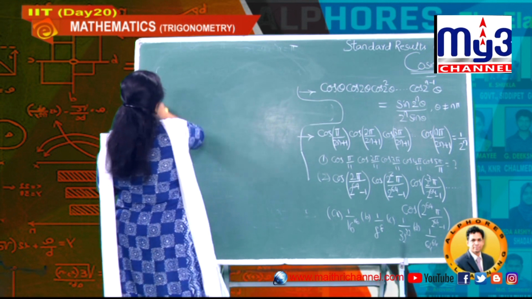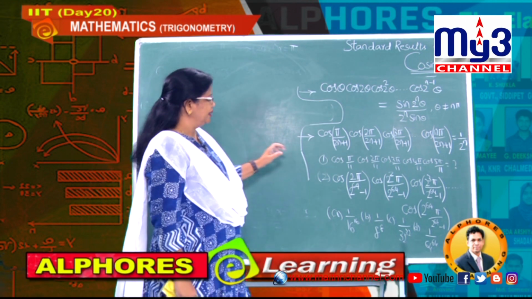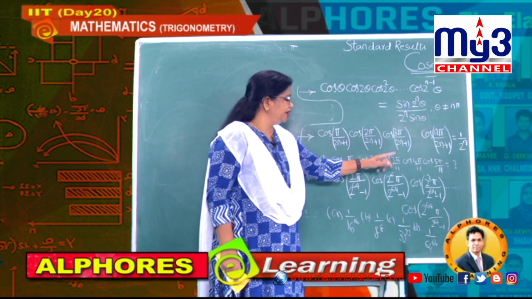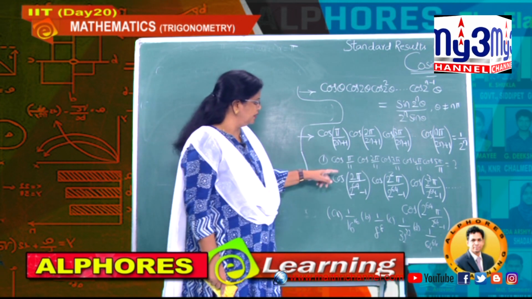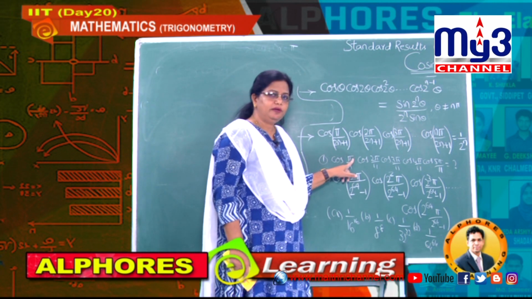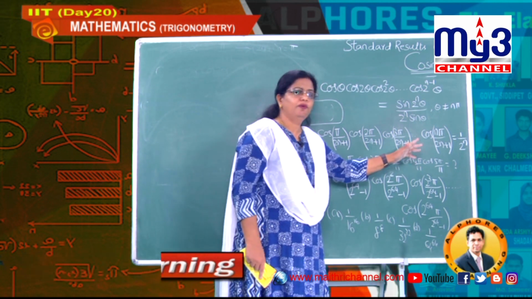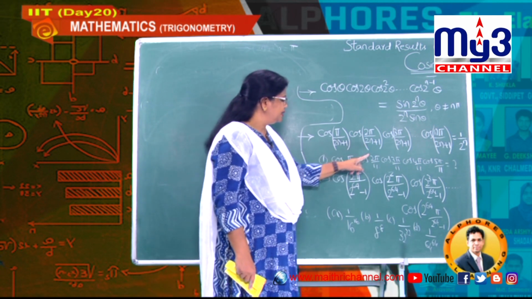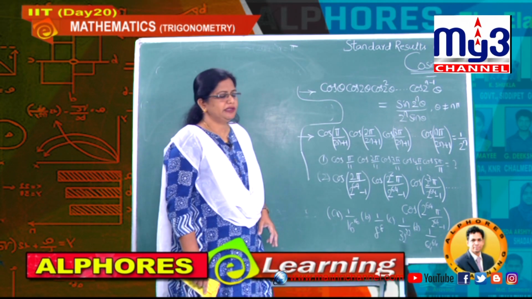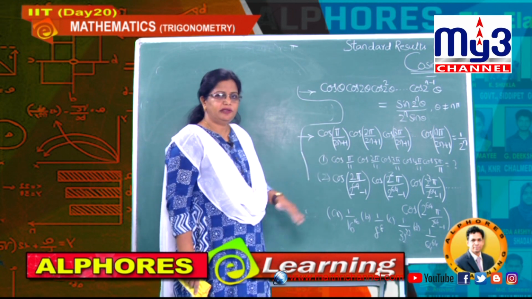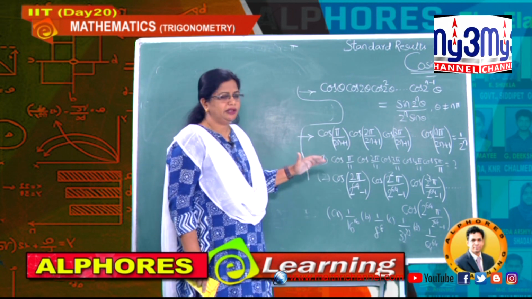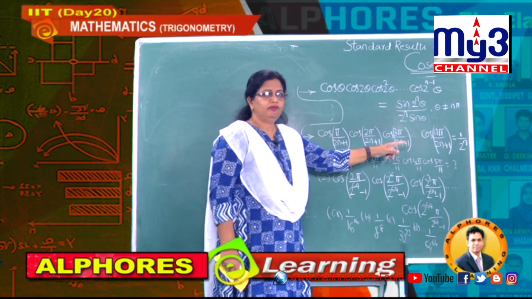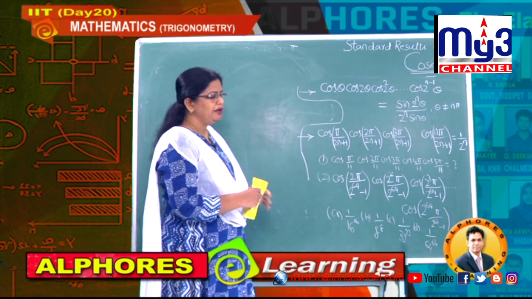The first one is cos pi by 11, cos 2 pi by 11, cos 3 pi by 11, that means all are consecutive values 1, 2, 3, 4, 5, right. The denominator is an odd number, that means this problem is completely reduced to our standard form. And if you want to solve this problem, let us check whether the last term is suitable or not.